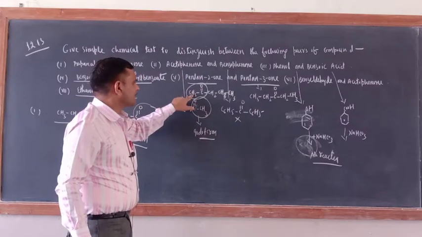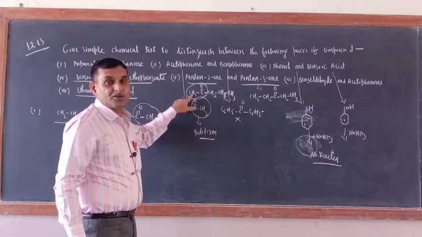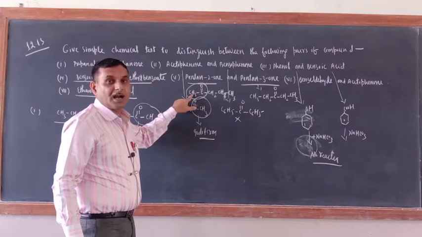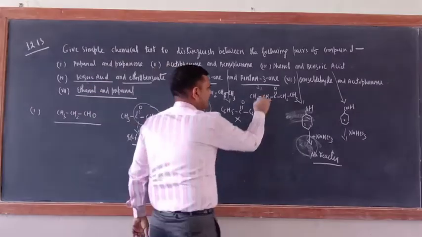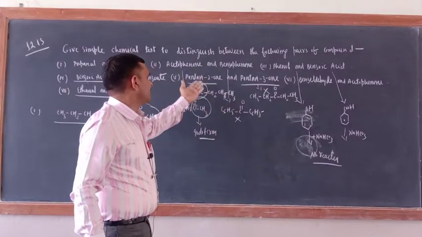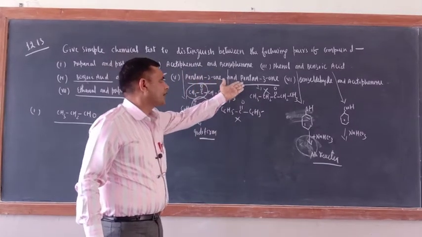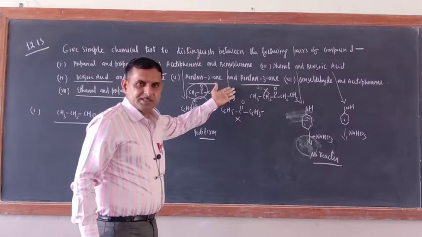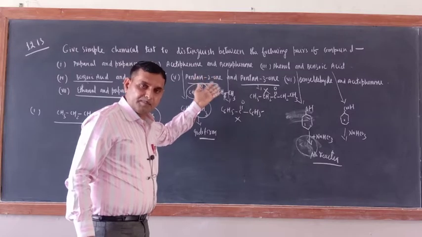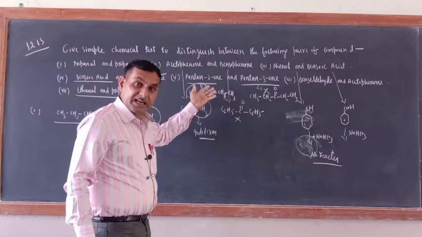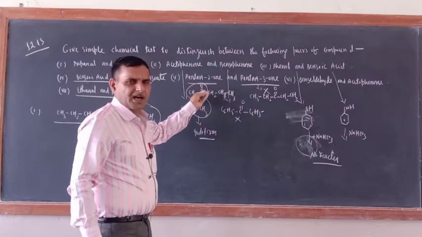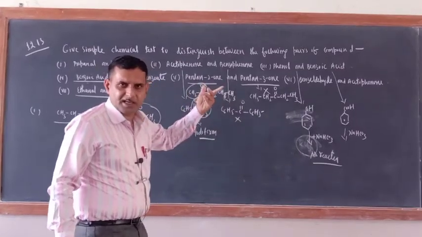Pentane 2-one contains the CH3CO group, and the compound which contains the CH3CO group gives the iodoform test. This will not give the iodoform test. So with the help of the iodoform test, we can distinguish between pentane 2-one and pentane 3-one. Now this is a very important compound. In some of the CBSE sample papers released, they have given this compound. So once you write their structural formula, you will get the idea.